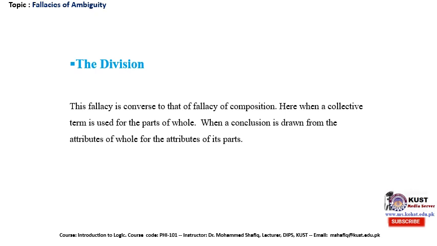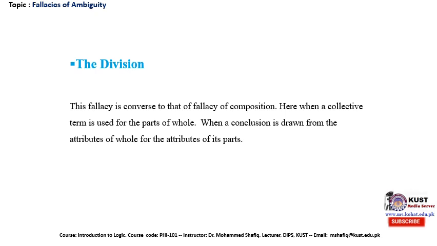This is basically a fallacy of division because we are using the attributes of whole for the attributes of parts. It is a fallacy in which mistaken inference is drawn from the attributes of whole to the attributes of the parts of the whole.